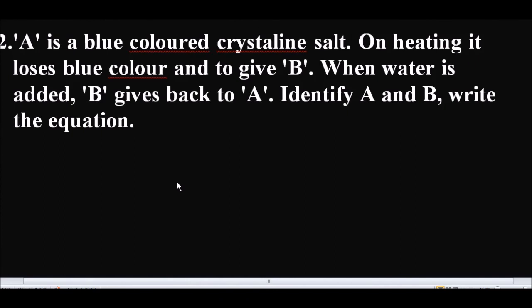The other question: A is a blue colored crystalline salt. On heating it loses blue color to give B. When water is added, B gives back A. Identify A and B, and write the equation. So this is the blue colored substance, copper sulfate 5H2O.